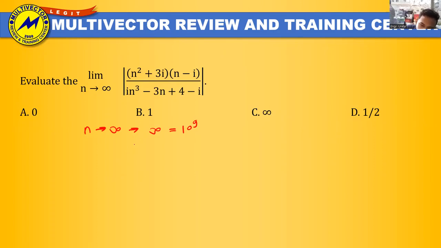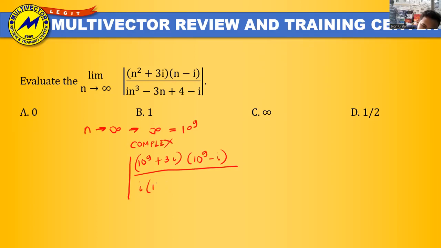So the absolute value, dapat syempre naka-complex yung calculus. So meron tayong imaginary dyan. So n, where n is 10 raised to 9. Mag-a-assume lang kayo ng value na magpapakita ng infinity, plus 3 times i, n 10 raised to 9, minus i, all over, i times 10 raised to 9, minus 3 times 10 raised to 9, plus 4 minus i.